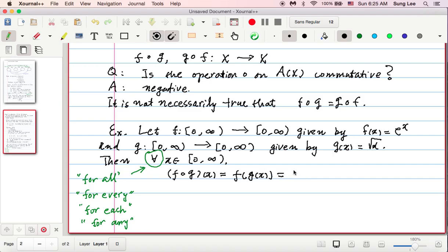And g of x is square root of x, and f of square root of x is e to the square root of x.